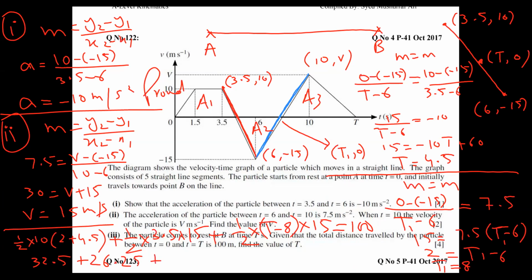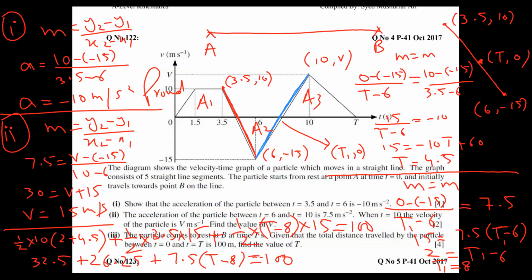Okay, now this is the issue here. So here I'm doing what? 7.5 times t minus 8 is equal to 100. Now it's a matter of algebra, simply I'll solve. Okay, I'm doing now 100 minus both answers, so 26.25 and 32.5, and I'm getting 41.25.